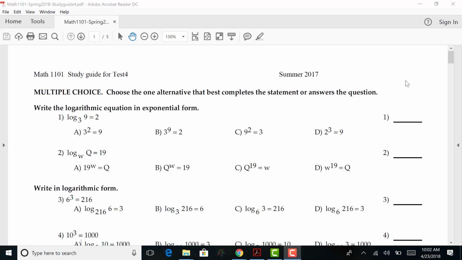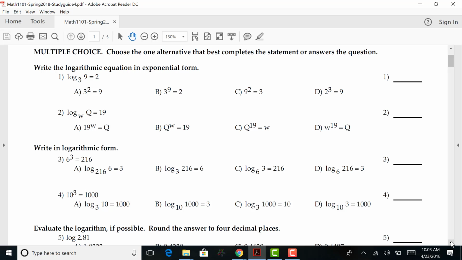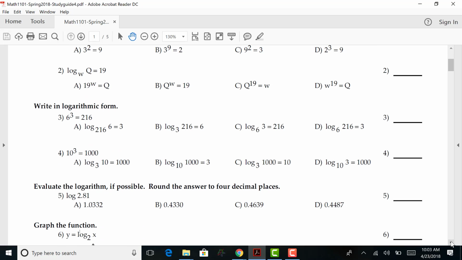Number 3. That one's written in what kind of form? It's written in logarithmic form, and it wants you to turn it back into what? Excuse me, it's written in exponential form. I'm sorry, I said it backwards. It's written in exponential form, and it wants you to turn it back into a log. All right, are we gonna do the circle method? Of course we are.